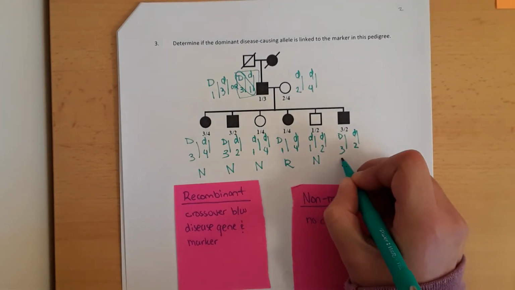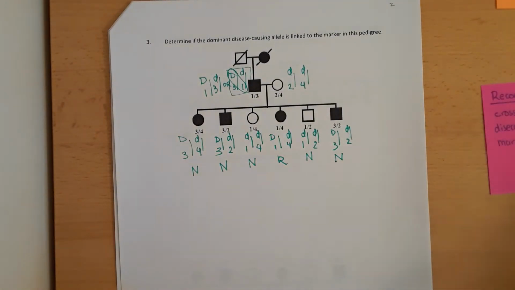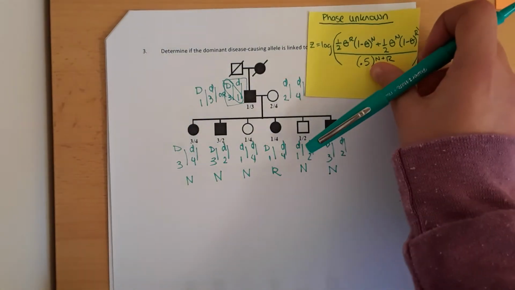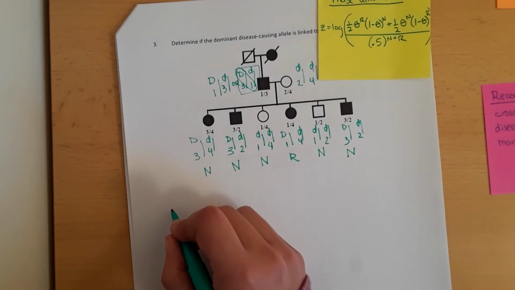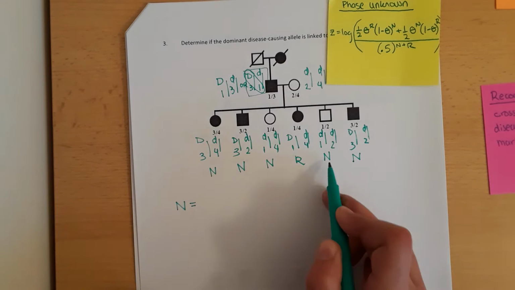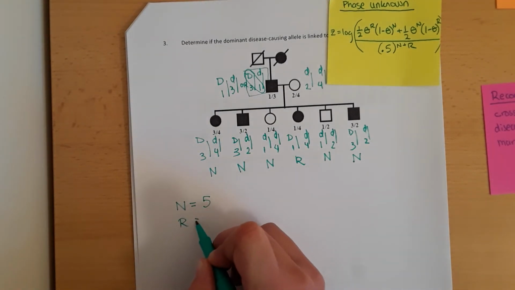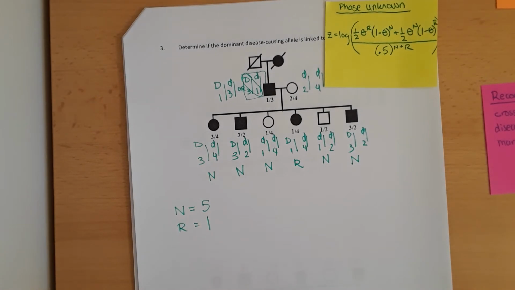So this is non-recombinant. So now that we classified everything, we can count how many we have. So for N, we have 1, 2, 3, 4, 5, 5 non-recombinants. R is 1, 1 recombinant person, so our total is 6.